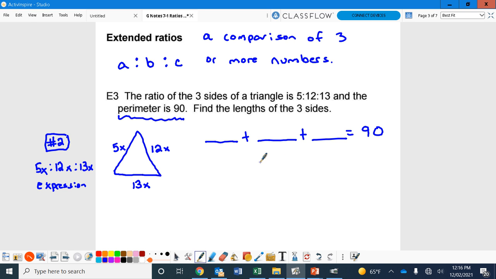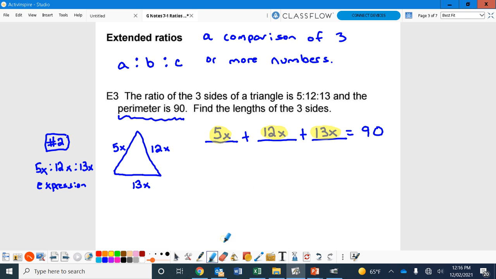That's just the expression of these sides. Now, if you want the equation that's going to let us find out how long the sides are, we're just going to fill them in here. 5x plus 12x plus 13x is going to equal the perimeter, which in this case is 90. Guys, all 3 of them are like terms, so really all we're doing is adding them up.